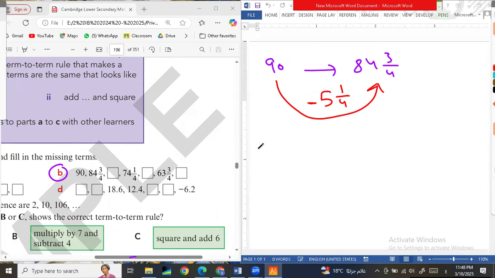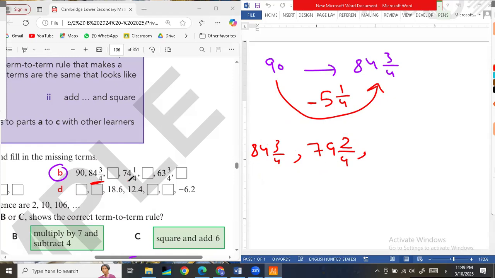Let's do this here. So 84 and 3/4. I need to minus from it 5 and 1/4. Minusing a 5 only, what is it going to be? After I minus a 5, it is going to become 79. Minus the quarter, it's going to become 2/4.